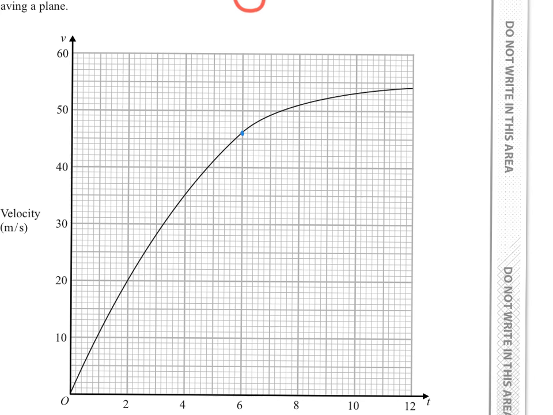So let's have a look at that first. And I'm going to try and not mess this up. So I'll do it in red. Okay, blue then. And we'll try and draw a tangent. So you can see that's not a good one because it doesn't go through that point, t equals 6. That's quite a good one.